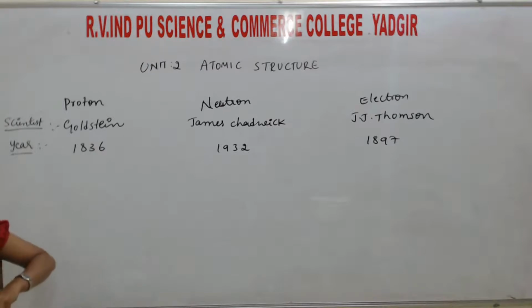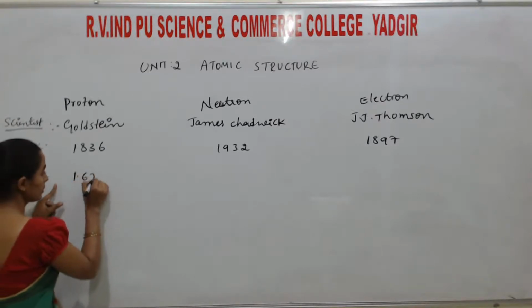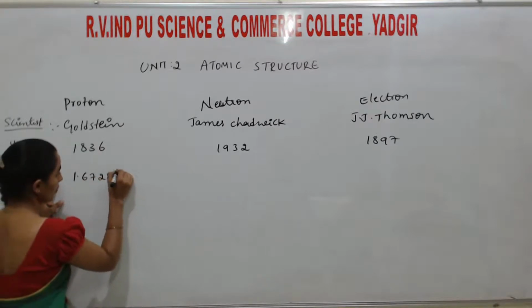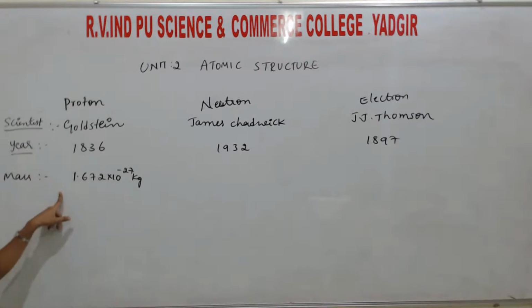Okay, so the next one is the mass of proton, neutron and electron. The mass of proton is 1.67 into 10 to the power of minus 27 kg. Okay.